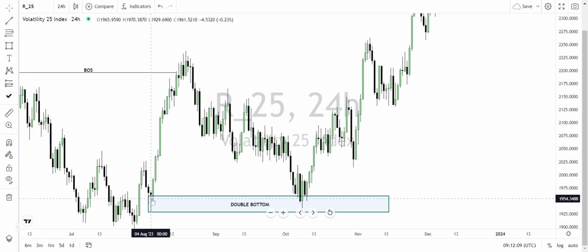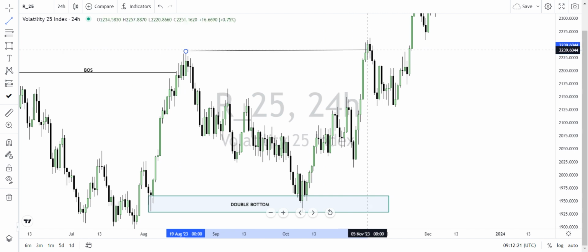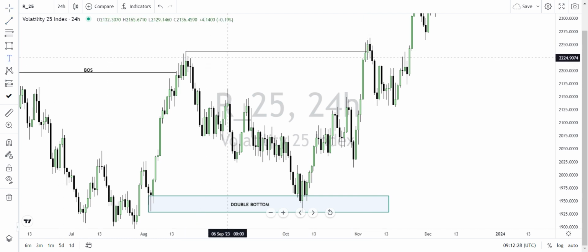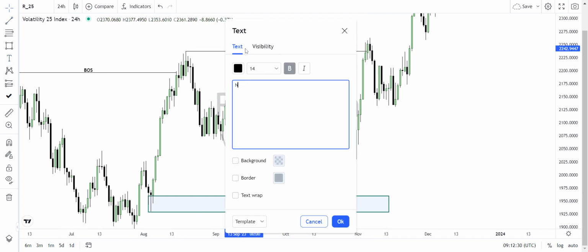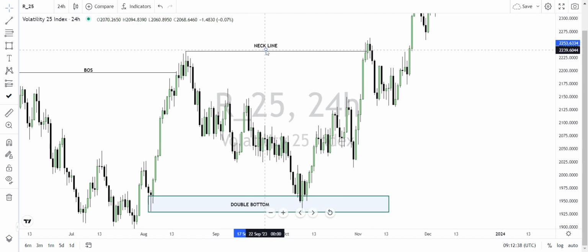Between this first bottom and the other bottom, there is a neck. This is the neckline.